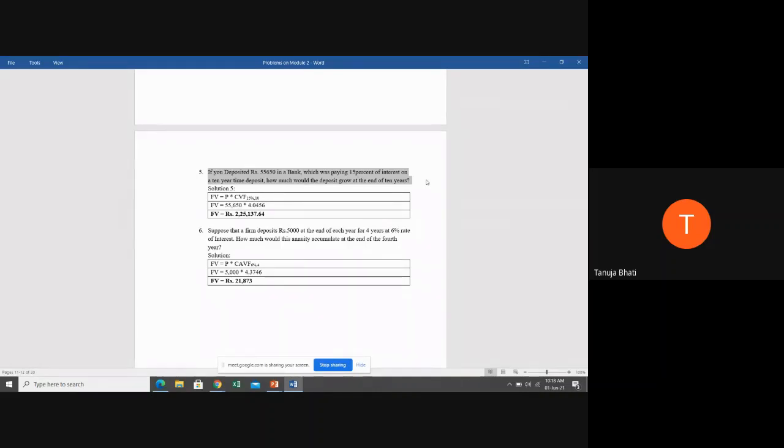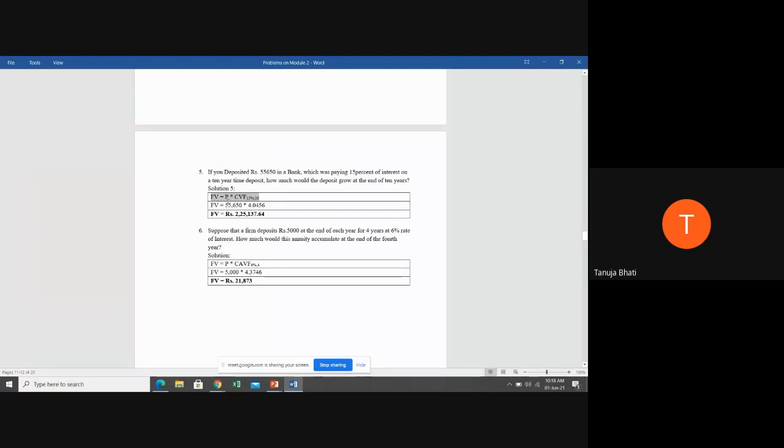Now we have seen the formula to calculate future value of a single cash flow as P into (1 plus R) raised to N. Correct? But with the help of the table, we can easily find out the factor that can be used. So, just pay attention to the formula.